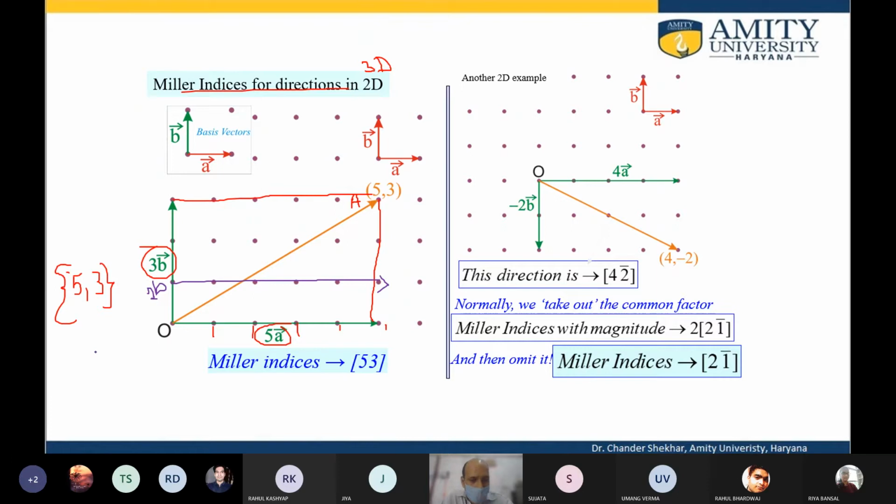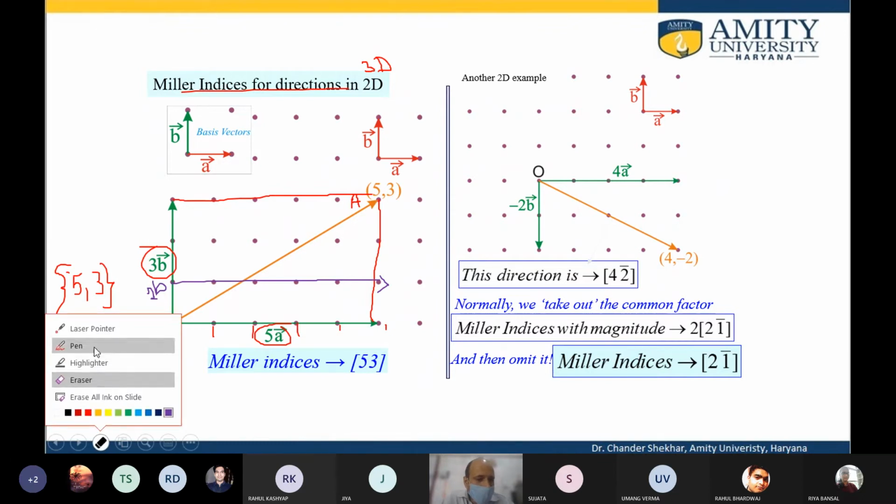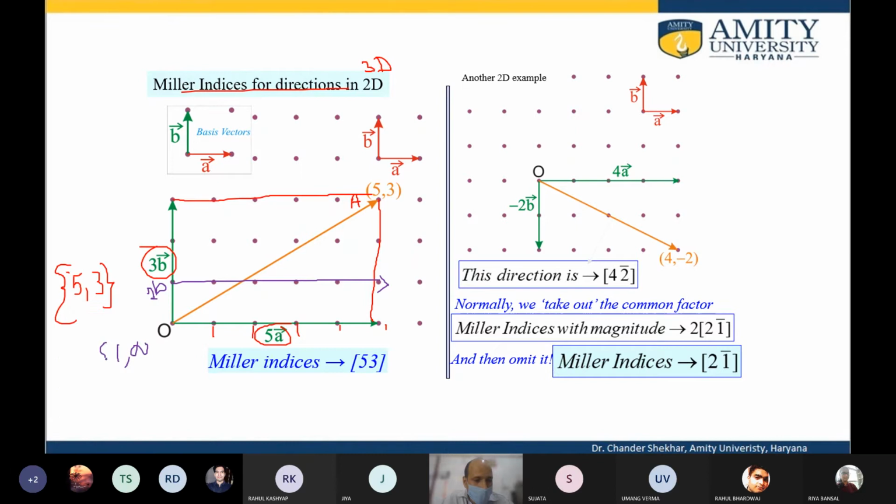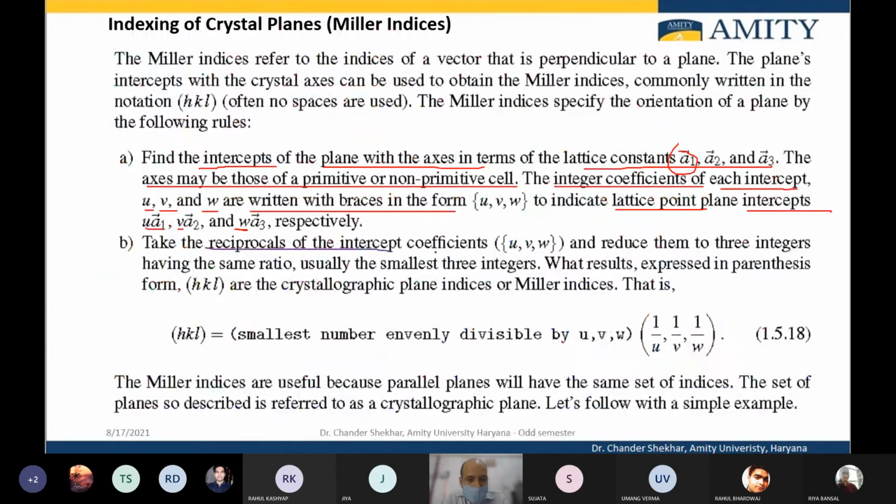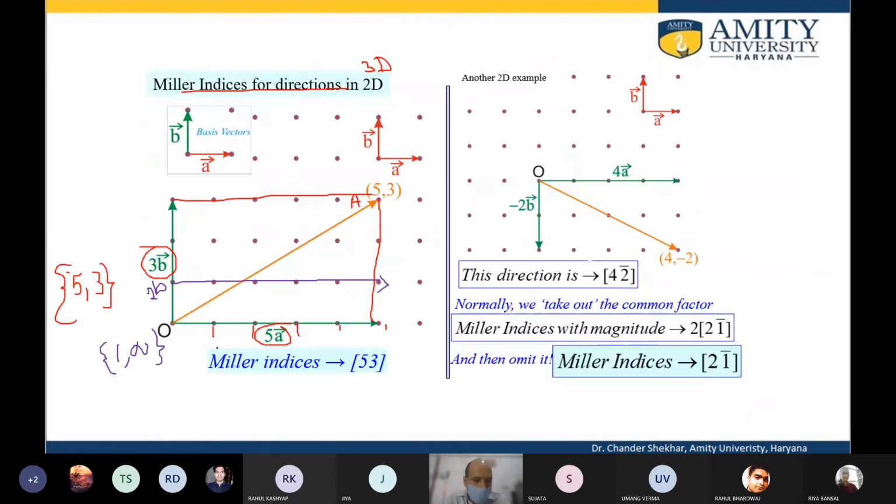So the intercepts will be 1 and infinity. Dealing with infinity is not recommended, so what is done is to take the reciprocal of the intercepts. So UVW, we need to take reciprocals: 1 by 1 and 1 by infinity.